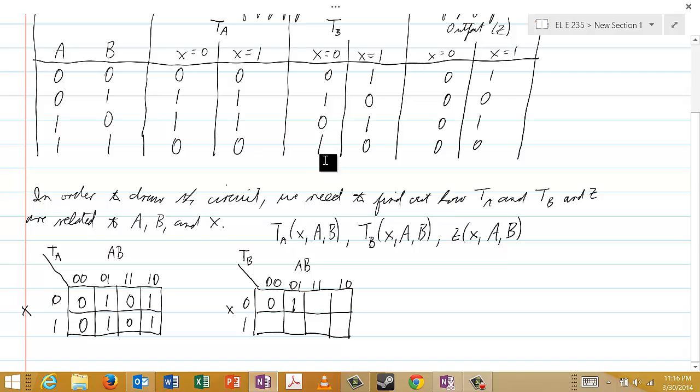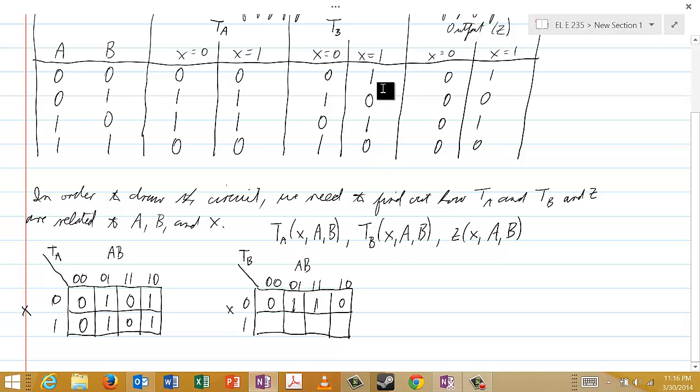Actually the final entry over here where A is 1 and B is 0, that corresponds to this, and so that's 0. And then when A is 1 and B is 1, TB is 1. So we fill that in here.